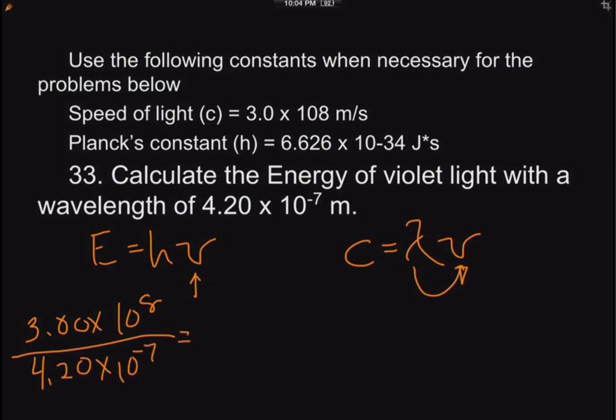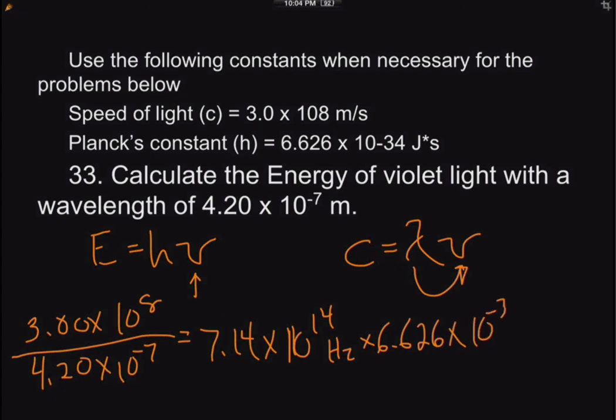That gives us an answer of 7.14 times 10 to the 14th hertz. And then we multiply that by the 6.626 times 10 to the negative 34th, Planck's constant.